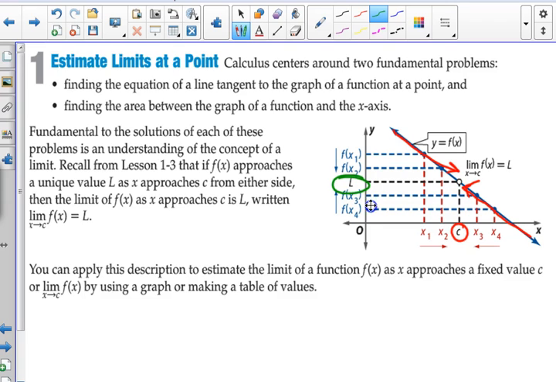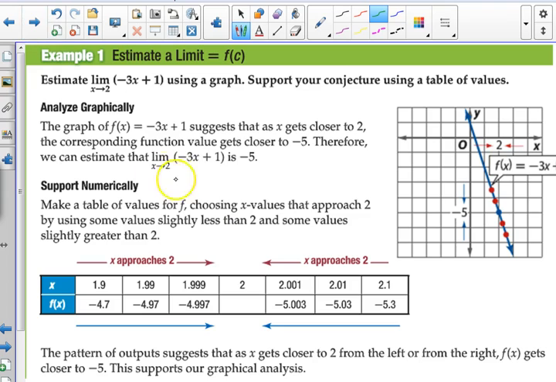The problem is sometimes a graph doesn't get close to the same value from the left and right, and then it doesn't have a limit there. This graph also had a hole, so even though this graph is undefined at c, it can have a limit at c, as long as it is approaching the same value from both sides.